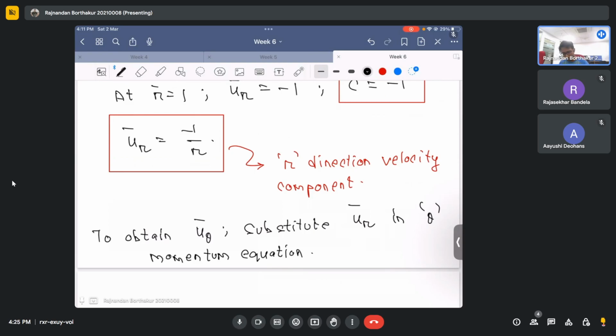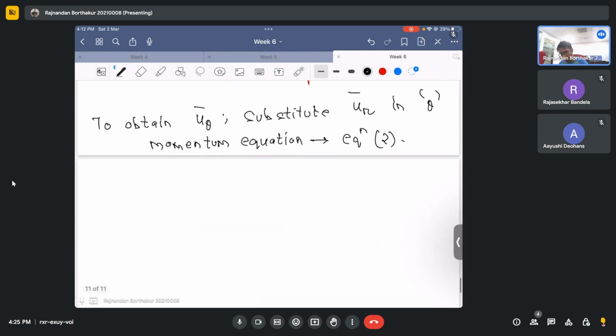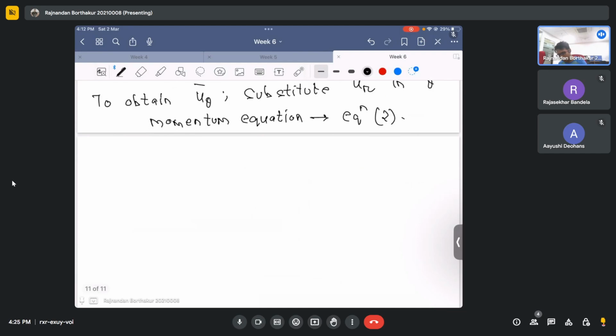Okay, so let's do this. The theta momentum equation is equation 2. If we substitute, I'll not write down the equation again, your equation would be something like this. It will be Reynolds number times minus 1 by r bar, which is ur, times du theta bar by dr bar minus u theta bar by r bar squared.